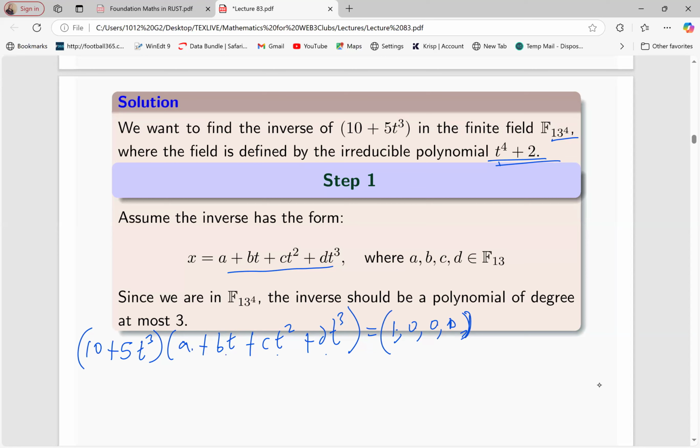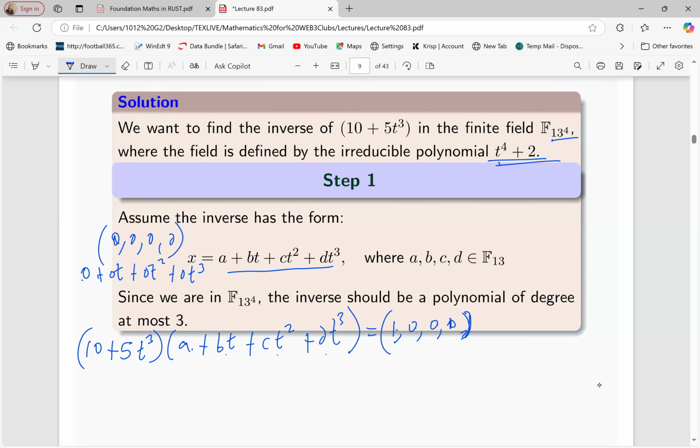Under multiplication, our identity, when you're writing the code, is 1, 0, 0, 0. But if you are adding, then your identity should be of this form: 0 plus 0t plus 0t square plus 0t cubed.